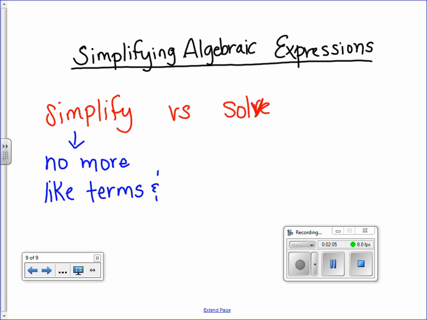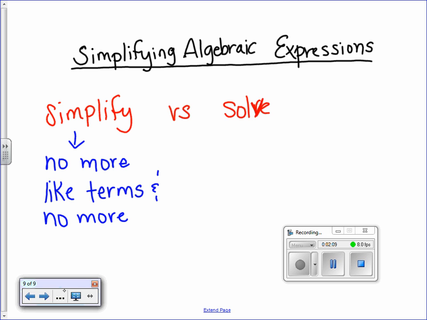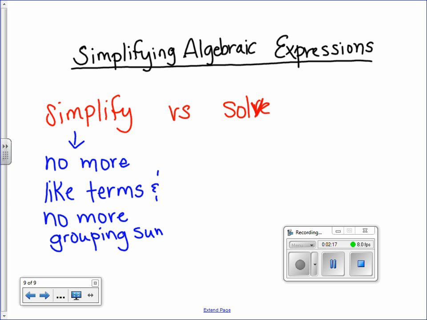Let's say grouping symbols, because we're big boys and girls now, and parentheses are not the only thing that we're going to see. So no more grouping symbols. Alright, so that's simplifying. No more like terms, no more grouping symbols.